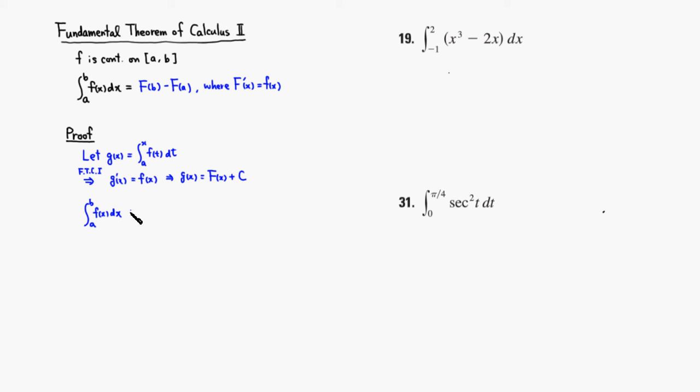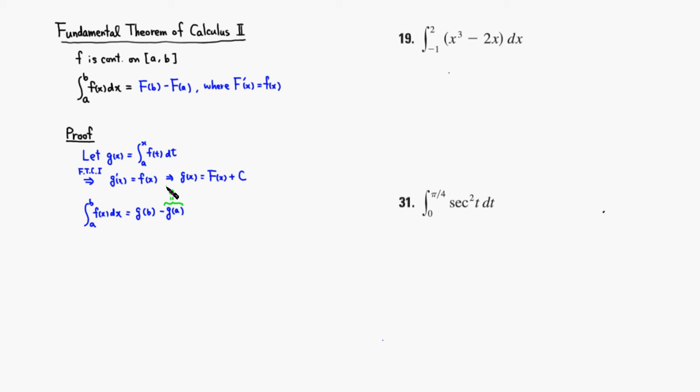This is going to be equal to g of b minus g of a. g of b gives you exactly the same thing, because if you plug in b for x, we have an integral from a to b of f of t dt, which is the same thing as f of x dx. Minus g of a: if you plug in a here, this is an integral from a to a, it's 0 anyway, so we're subtracting 0.